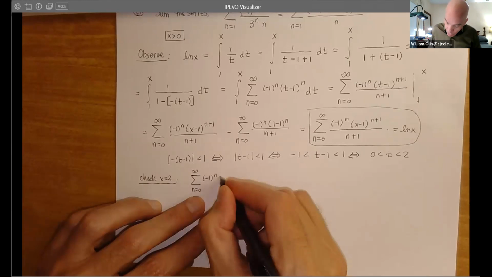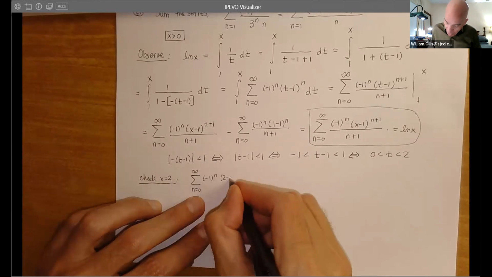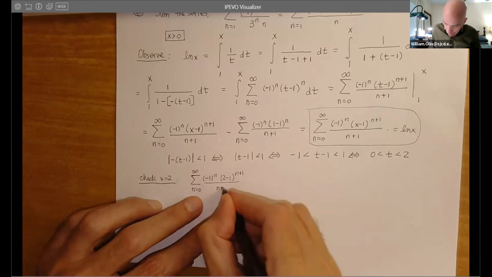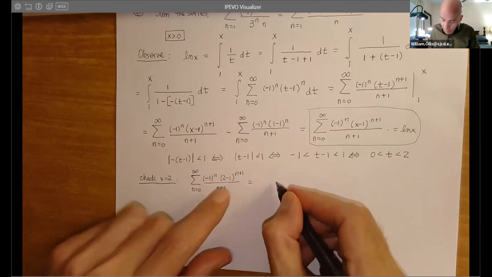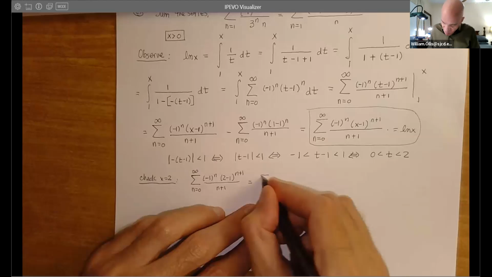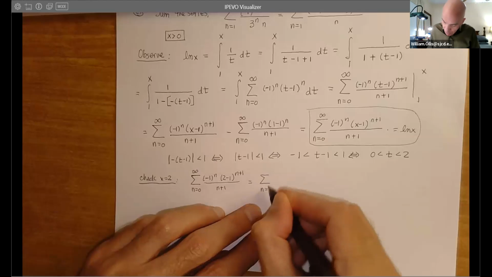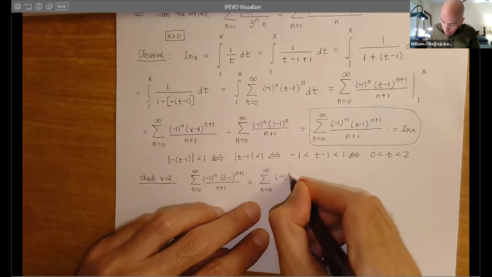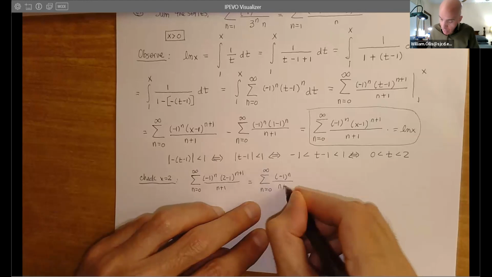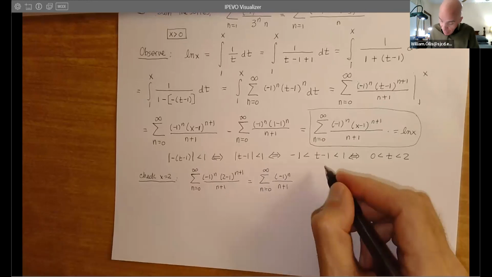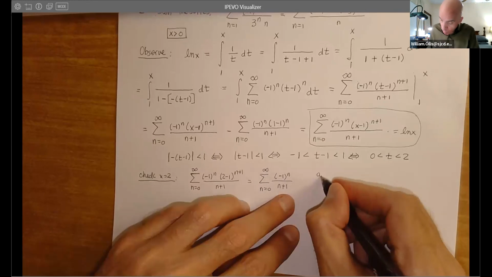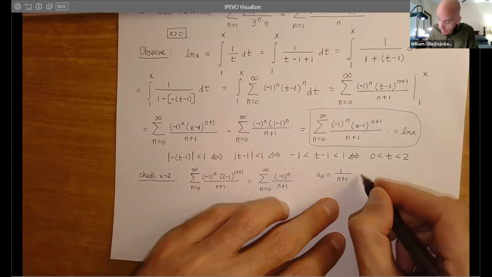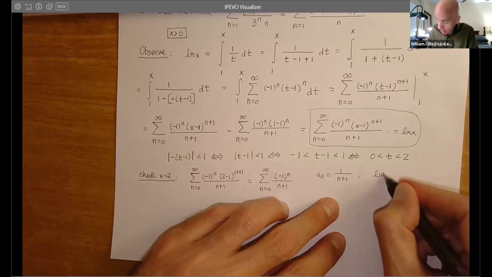So we have 2 minus 1, which is 1, to the n plus 1. So that's just a 1. So we get the sum from n equals 0 to infinity of negative 1 to the n over n plus 1. Now this is good because we can just say a sub n equals 1 over n plus 1, and we observe that the limit is 0.